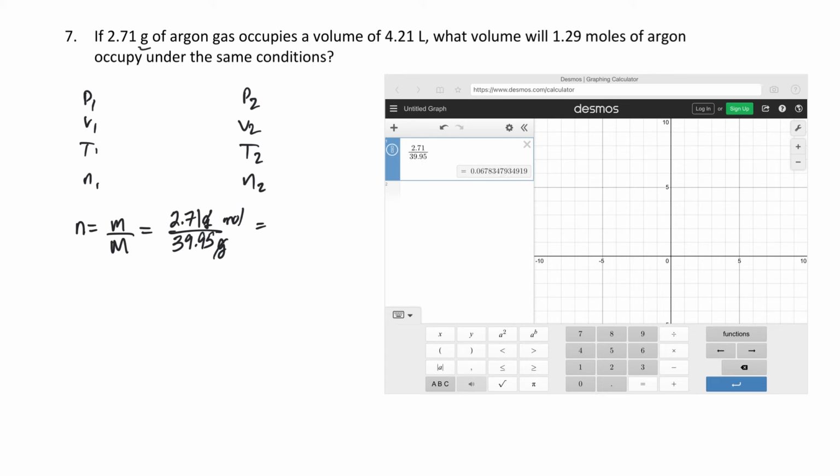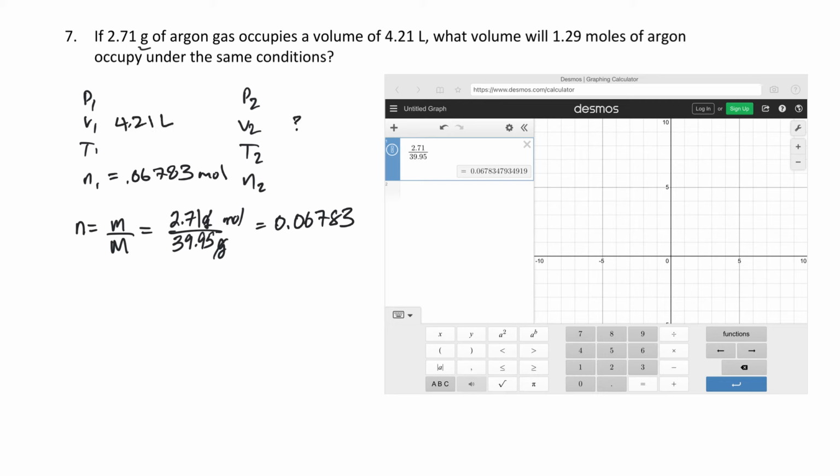Okay. So my moles are 0.06783, etc. Okay, so that's my moles. That goes here. 0.06783 moles occupies a volume of 4.21 liters.